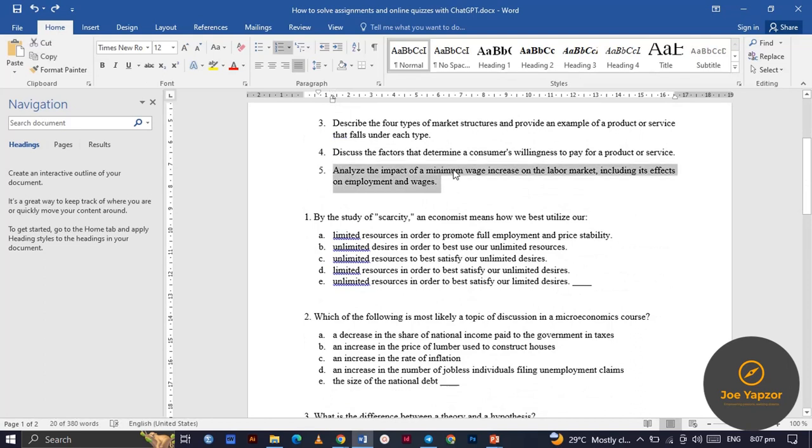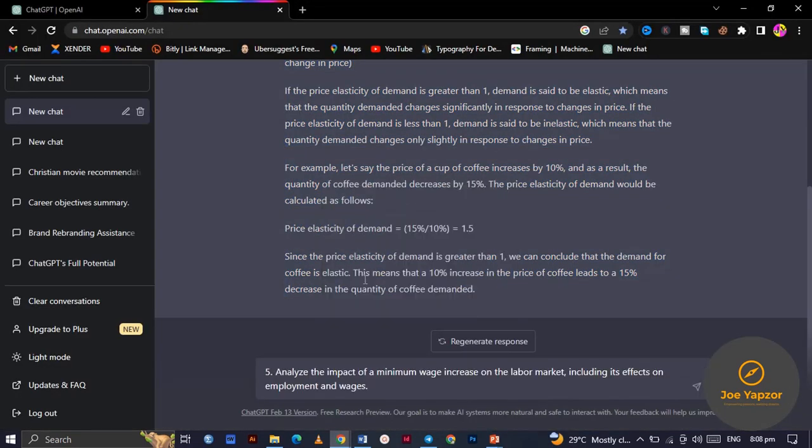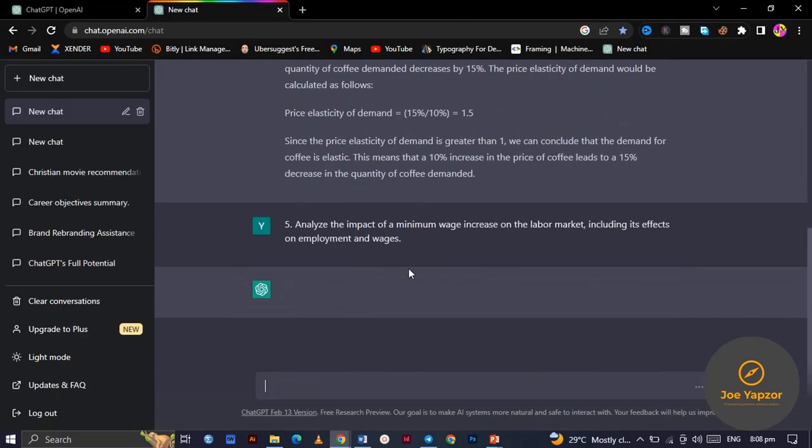Analyze the impact of minimum wage increase on the labor market, including its effect on employment. This is more of a technical or analytical question. So, analyze, let's see what it does.